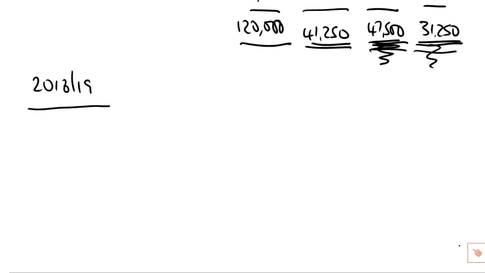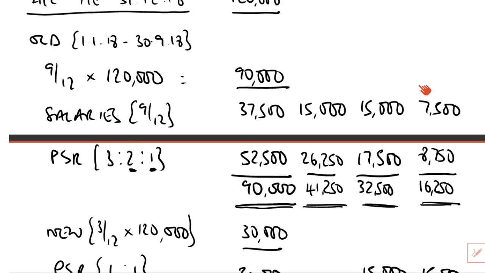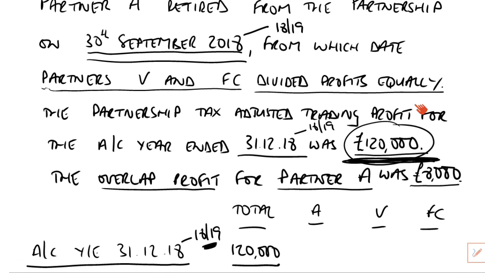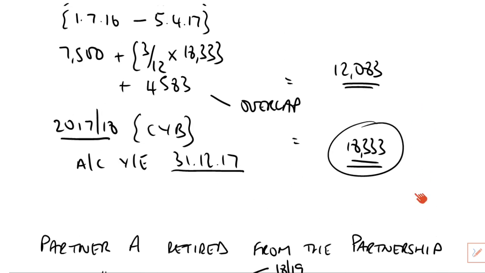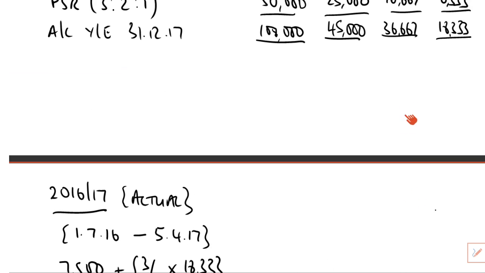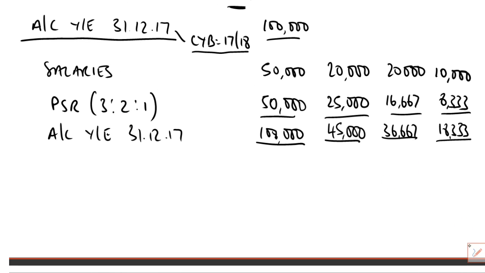So the penultimate tax year would be 2017-18, where a CYB assessment would have applied, and that we've already dealt with. If again we go back to what we were looking at in our last session together, there we go, year ended 31st of December 17, assessed in 17-18, partner A, £45,000.